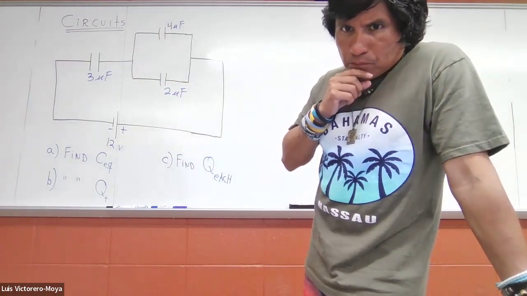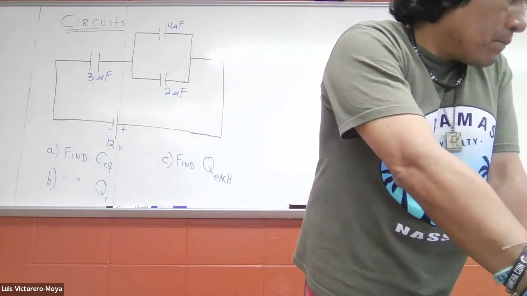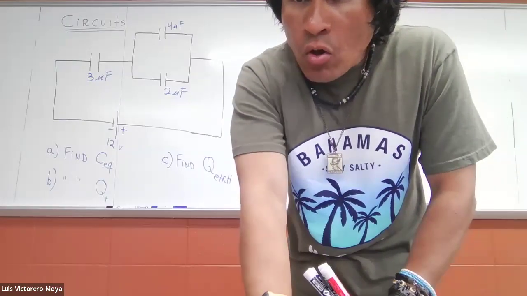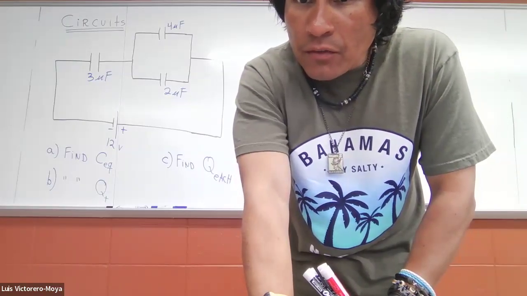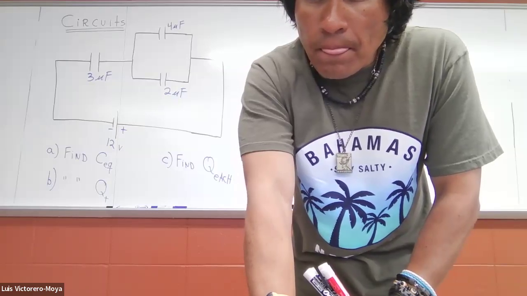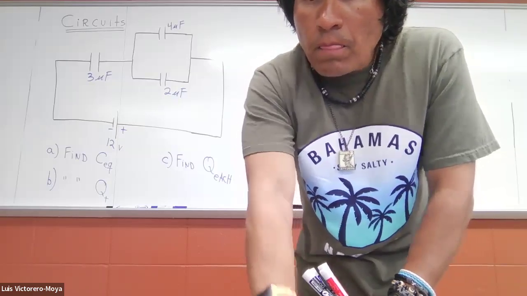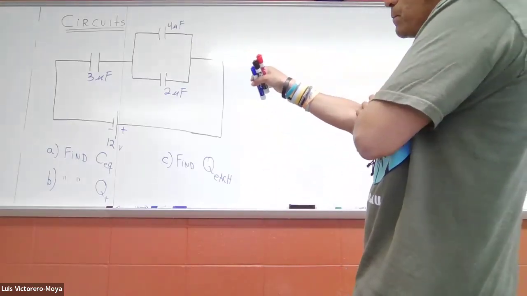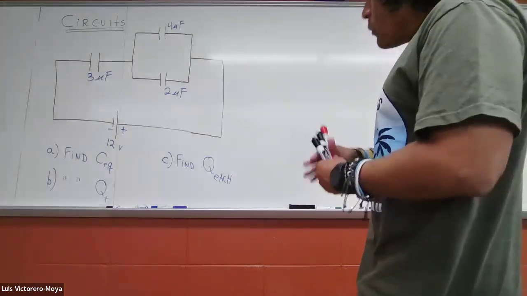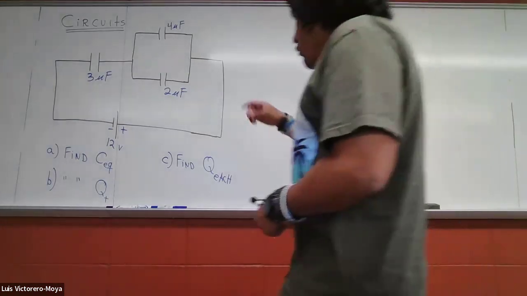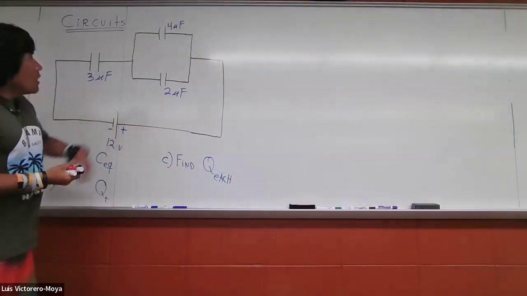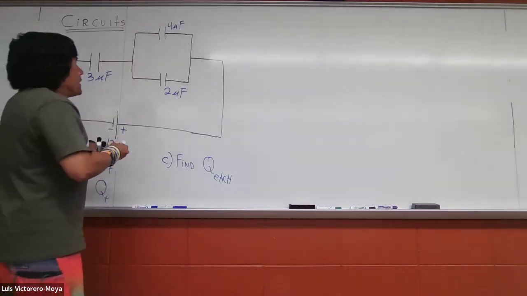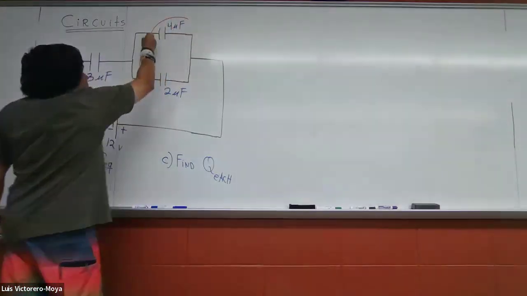Okay? So as I said, you're going to have combination of parallel and series. So what's the first step? You want to simplify the circuit. Let's start with the parallel. So for the parallel 4 and 2, you add these two.